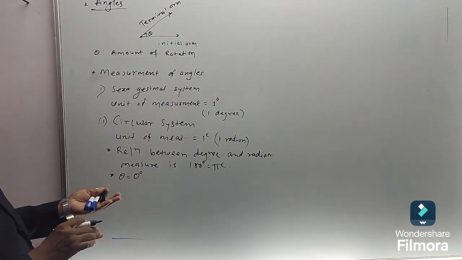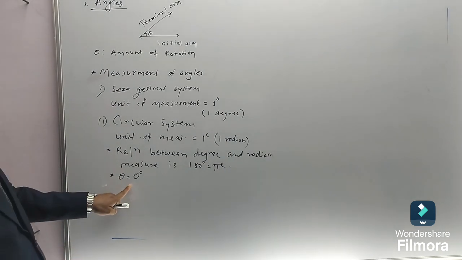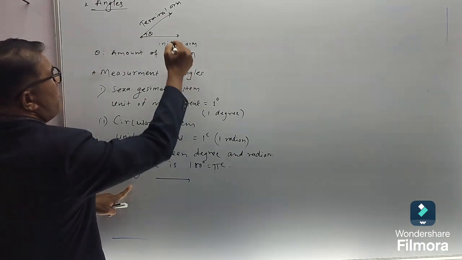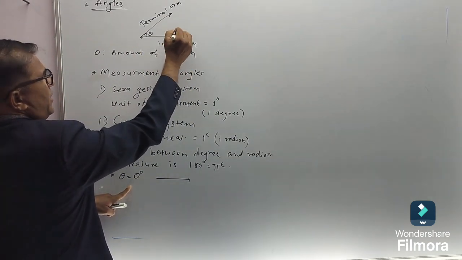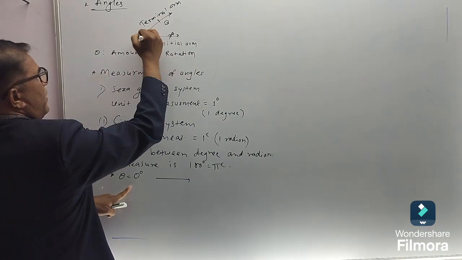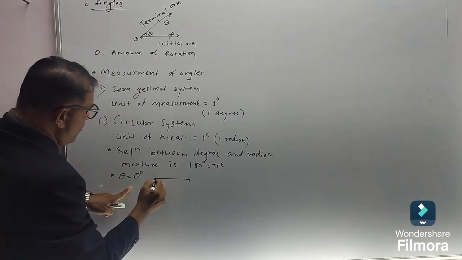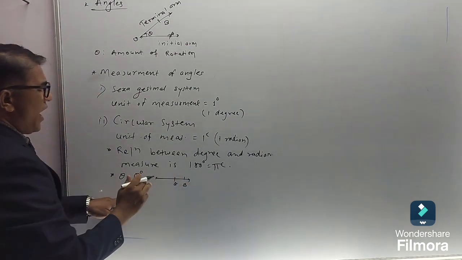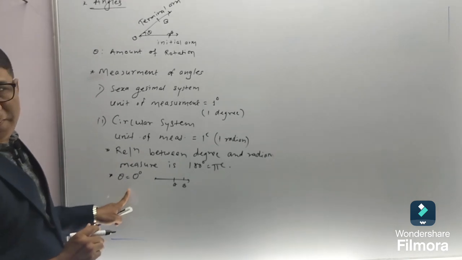Therefore, theta is 0 degree. It means initial arm OA and terminal arm OB are coincident if theta is 0.